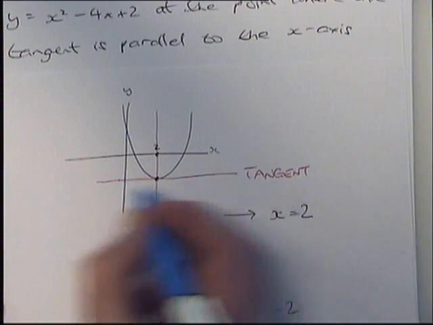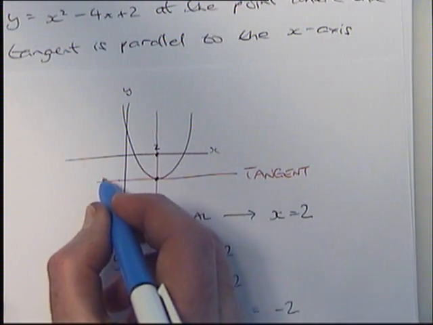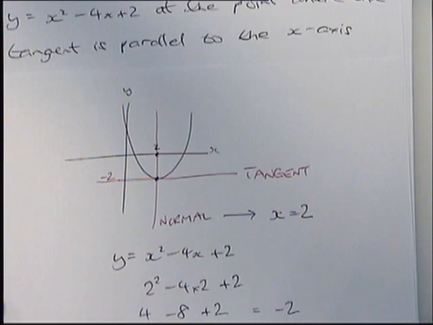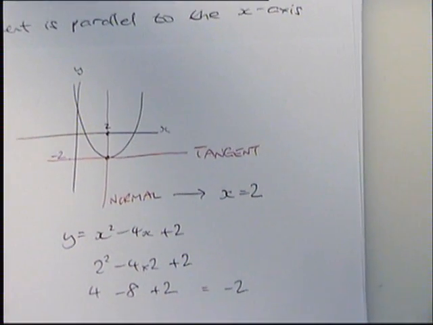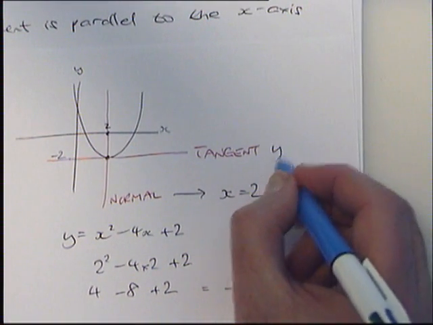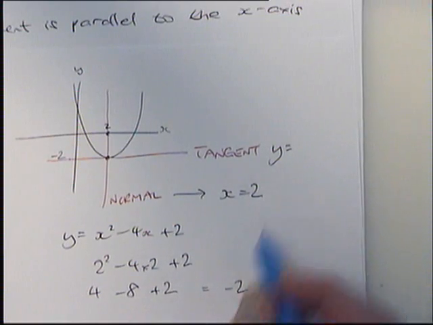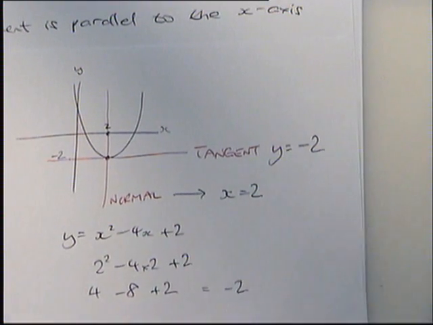So the y value here is minus 2. Because the tangent is a horizontal line, its equation is just y equals a number. So the equation of the tangent is y equals minus 2.